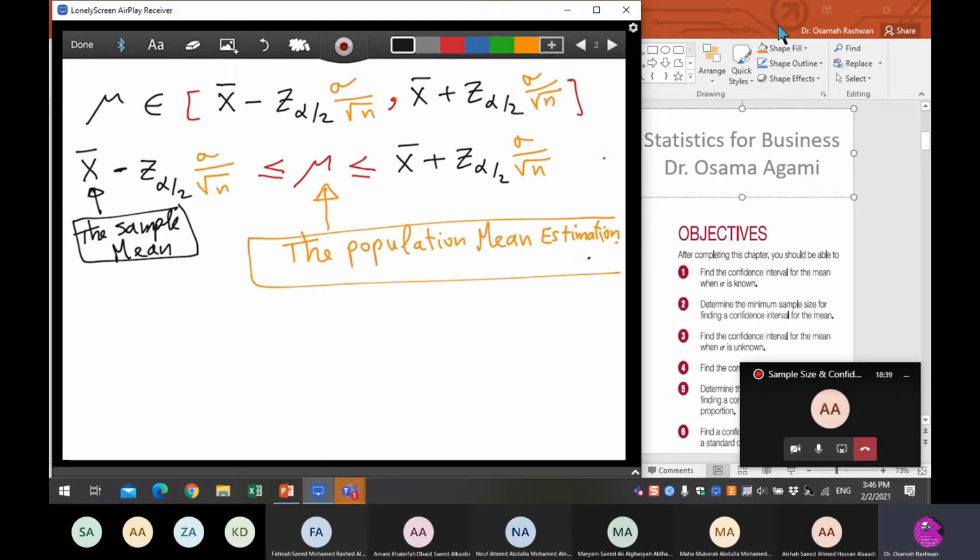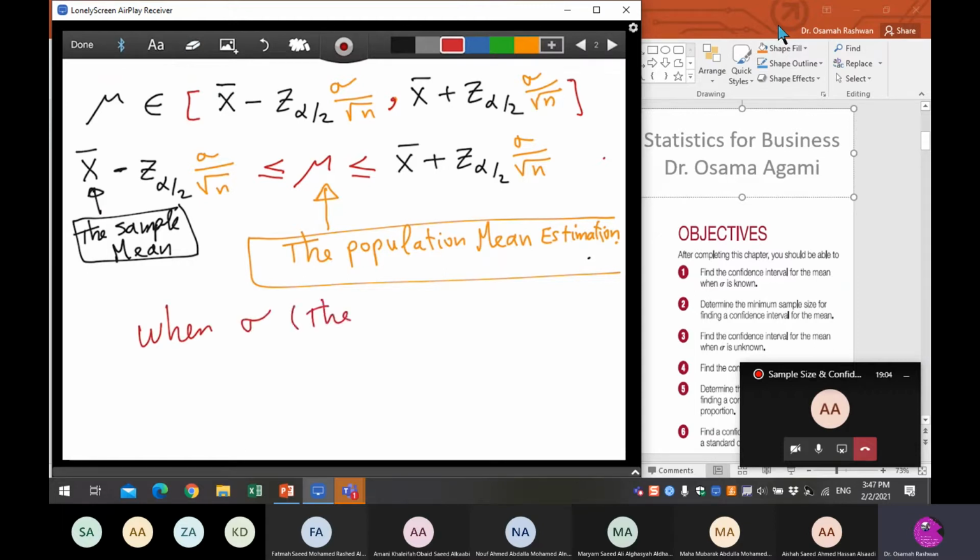Now, this is under one condition, when sigma is known. What is sigma?